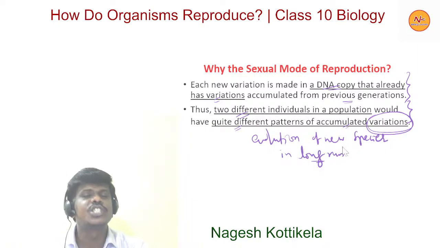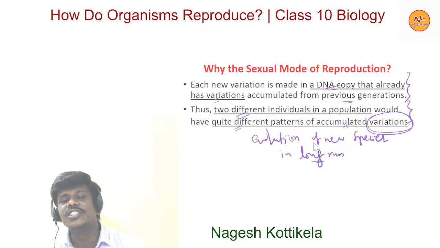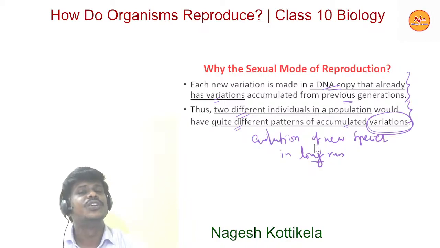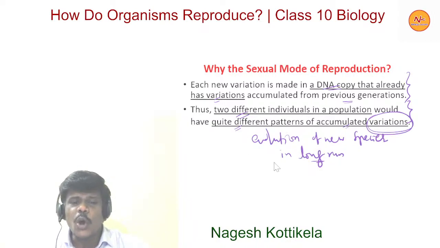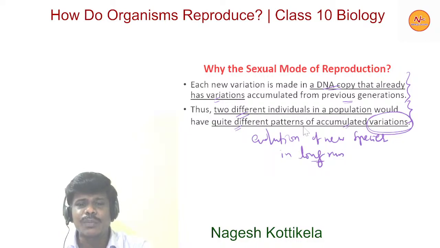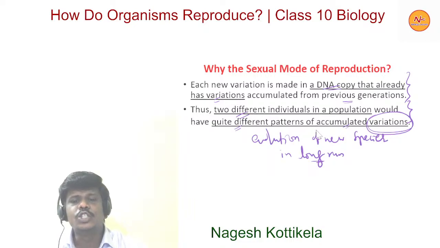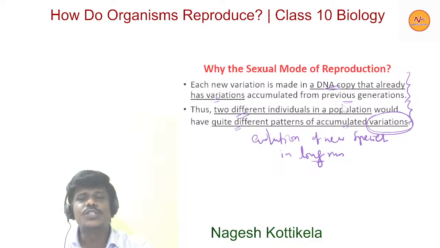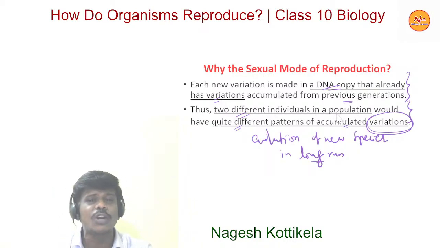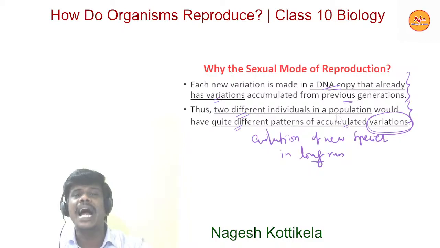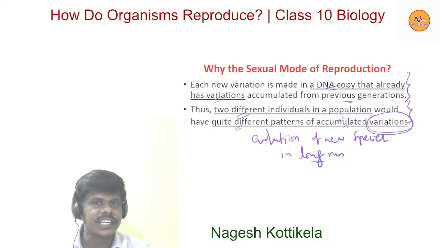After several years, all these variations accumulate, and that results in the evolution of a new species in the long run. Since all these variations arise in living individuals, it is assured that they do not have any really bad effects. These variations created in every generation occur in an already living organism, so they would not show any bad effect in that organism.